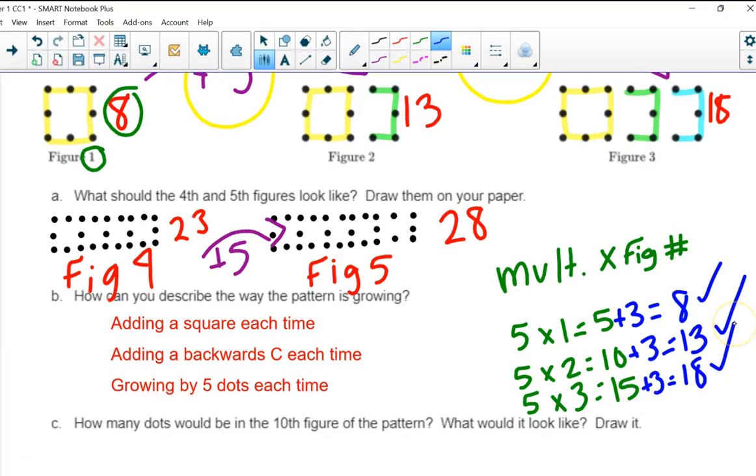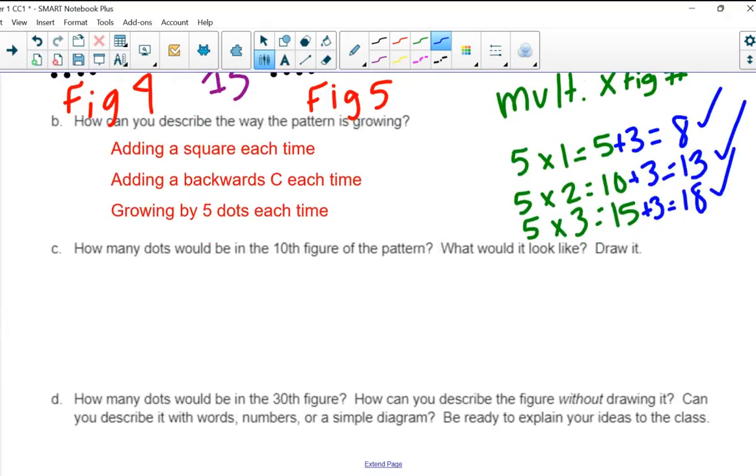Well, that's just 3. So you can see the pattern. If I take my multiplier, multiply it by the figure number, and add 3, that'll tell me how many dots are in my pattern each time. So when it says how many dots would be in the 10th figure, oh, okay, easy.